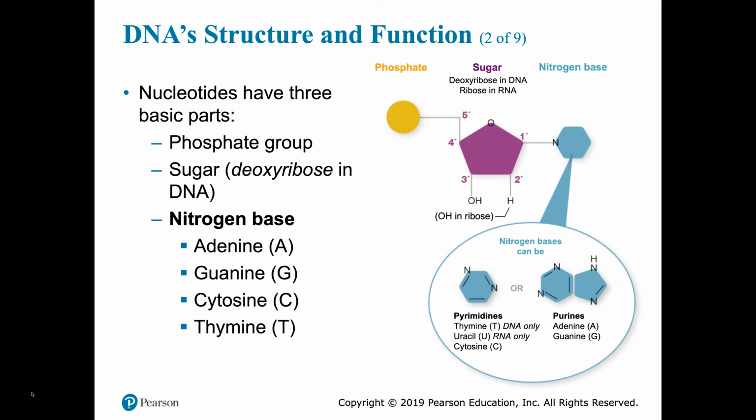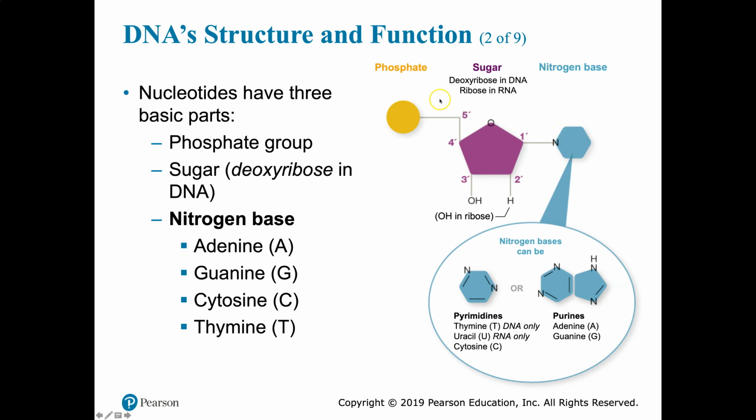And we talked earlier in the semester about organic molecules and their monomers, right? So here, for nucleic acids, we have nucleotides. And this is what a nucleotide looks like, right here. You have a phosphate group, which is the backbone. You have a sugar in the center, and then you have a nitrogenous base.